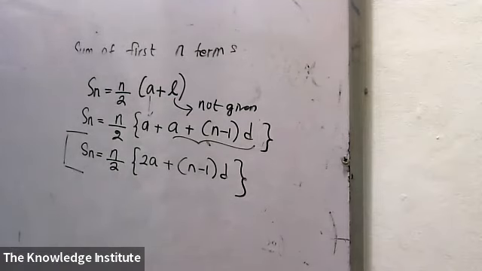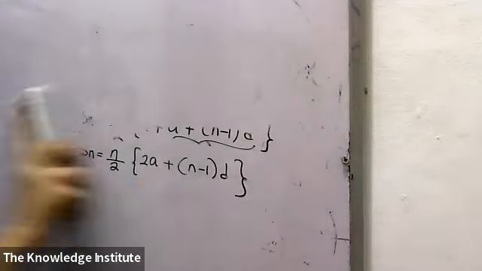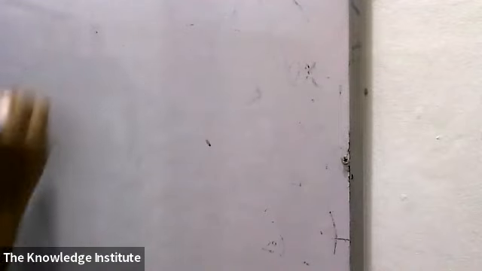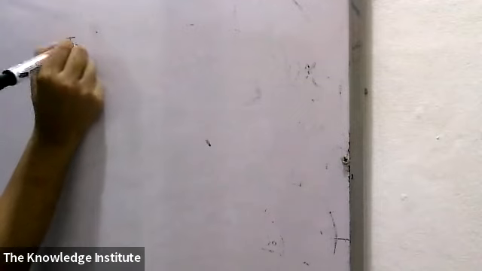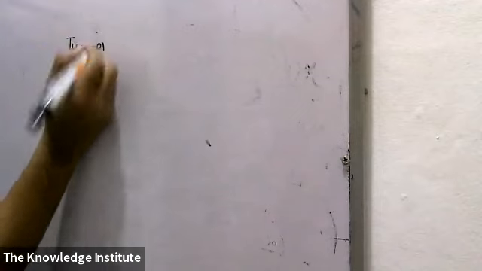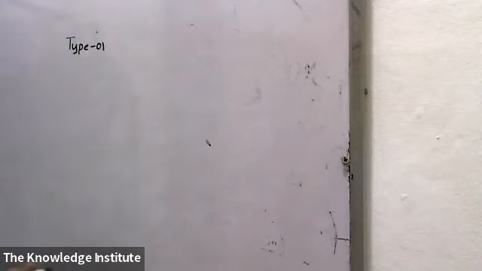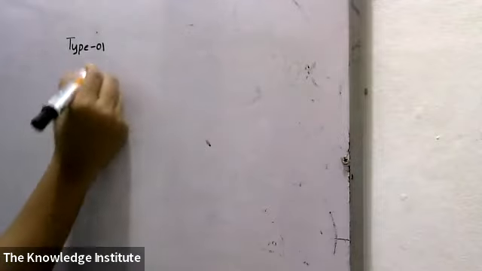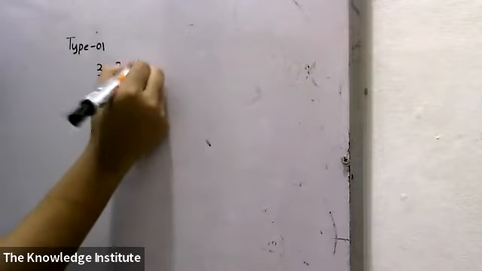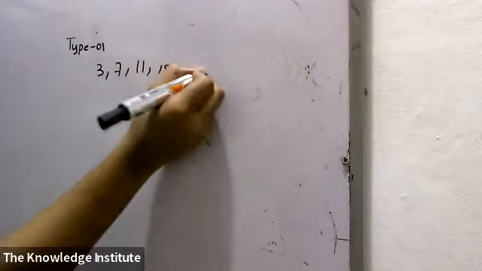Okay, I'll raise the board. So what are the types of questions they can give you? Type 1. Let's say they have given you the arithmetic progression as 3, 7, 11, 15.